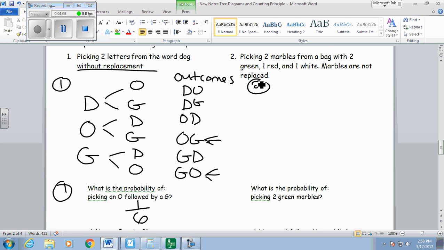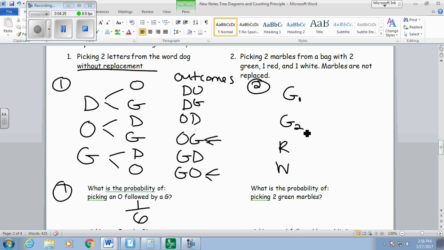And instead of just going, okay, I've got a green, a red, and a white marble, I'm going to distinguish the difference between the 2 green marbles by putting the little subscript of a 1 and a 2. You don't have to have this, but I think it just helps us keep track of what marbles we're using and which ones we're not.